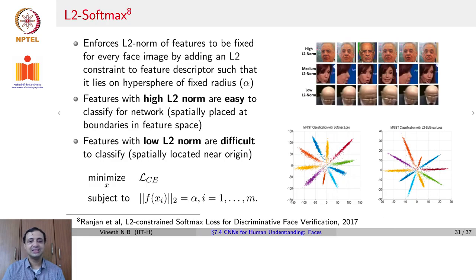L2 softmax is another improvement which tries to ensure that the L2 norm of the features before the softmax lie on a certain hypersphere of a fixed radius alpha. Instead of normalizing the features to ensure they have a unit norm, this approach tries to ensure that they have a particular norm alpha.